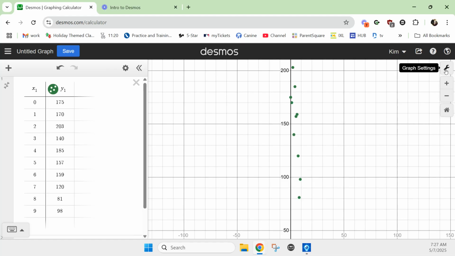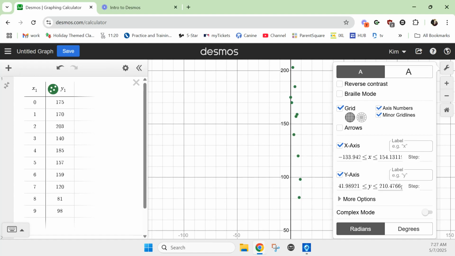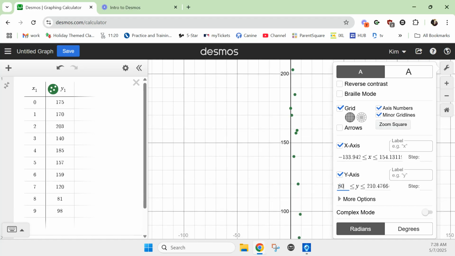Now, you can come into your settings, and instead of having the y's be from this to this, our lowest y value is 81. So I'm going to do 80. And what's our highest number? 203.